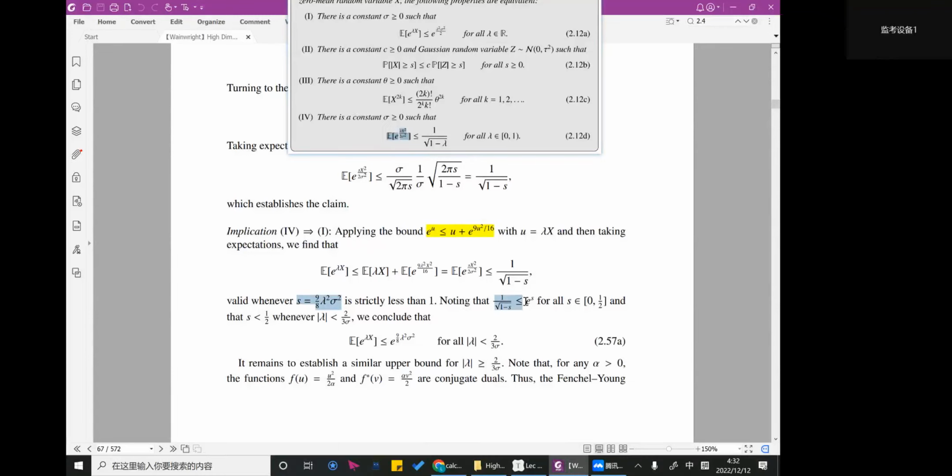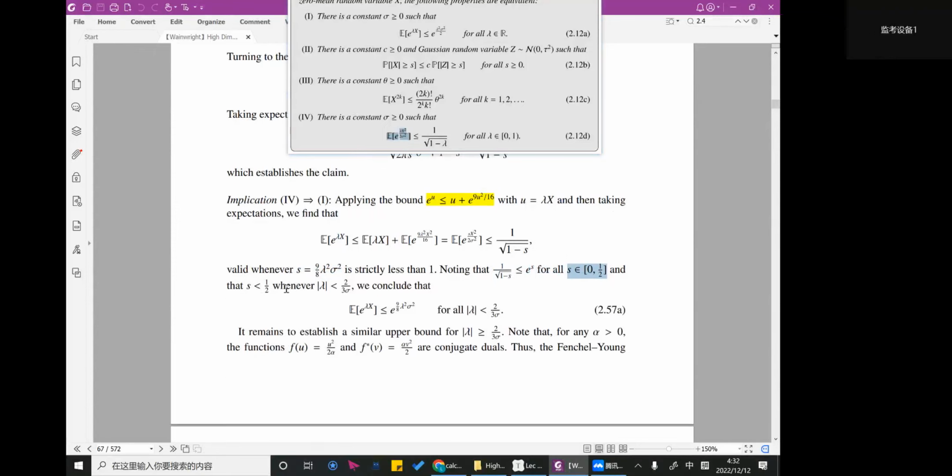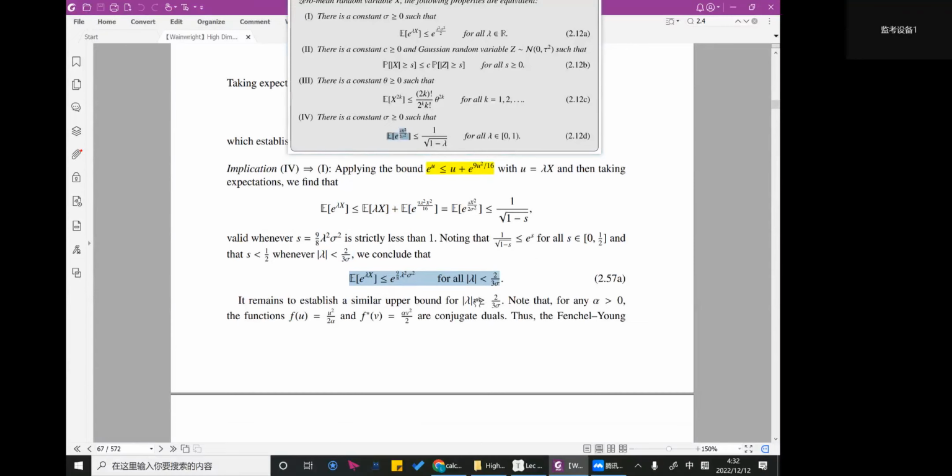We note that this is satisfied for all s belonging to this interval. So whenever lambda satisfies this, s is less than 1 over 2. So we conclude the result for all absolute value of lambda less than this. So what happens when the absolute value of lambda is larger than 2 over 3 sigma?